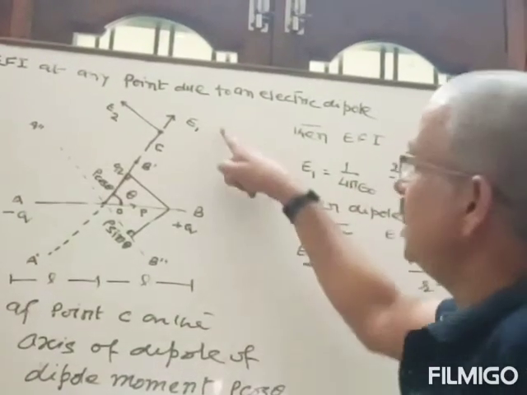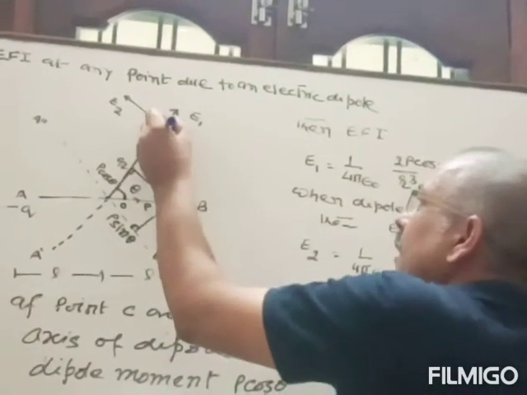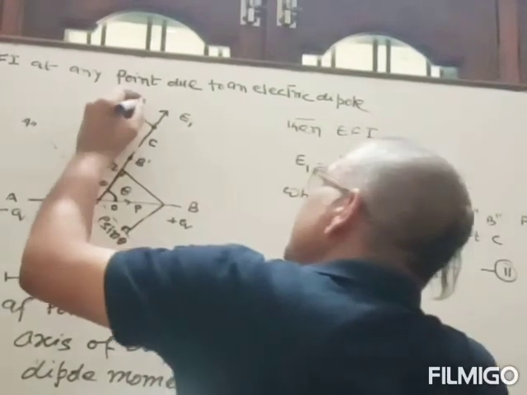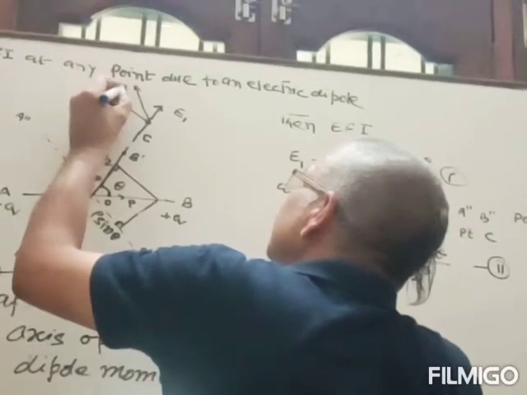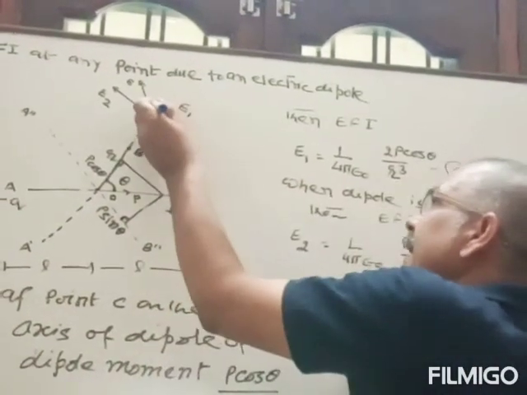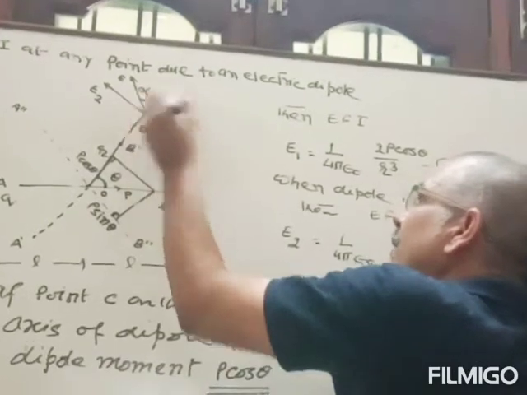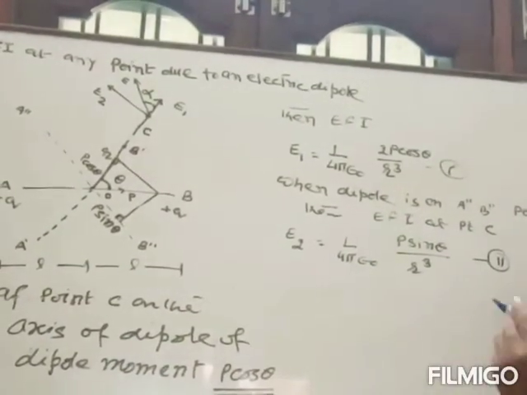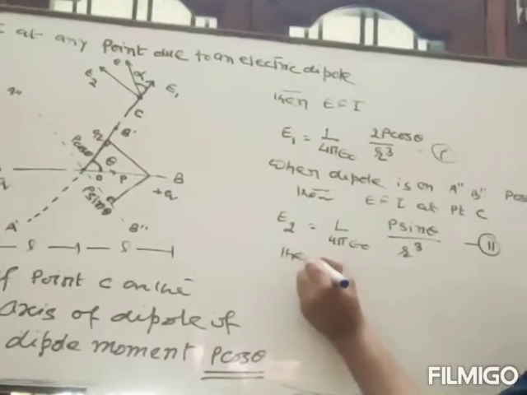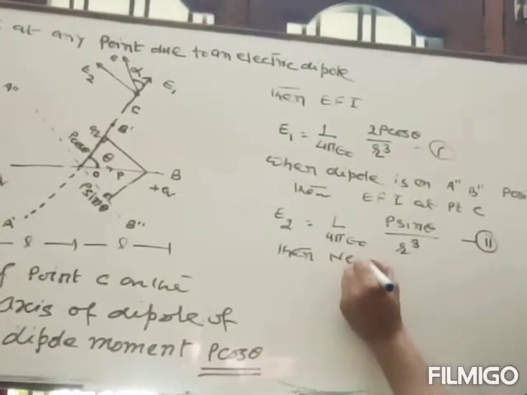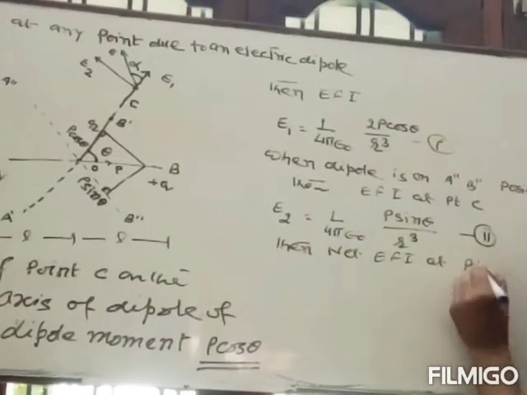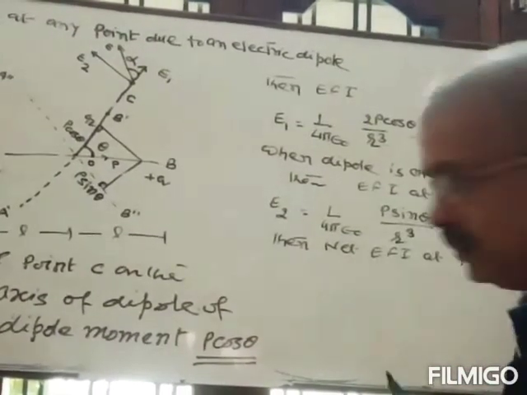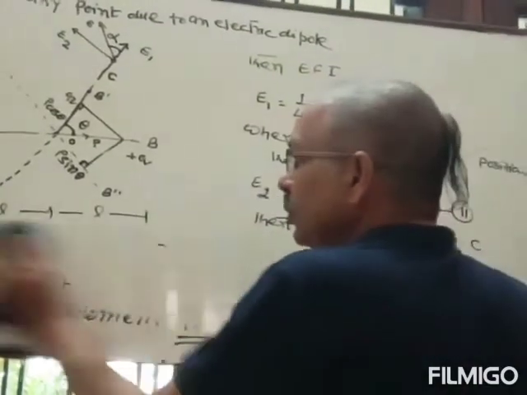Here E1 and E2 are perpendicular to each other. Suppose the resultant electric field intensity is E, and it makes an angle alpha from E1. Then the net electric field intensity at point C, use the parallelogram law of vector addition.